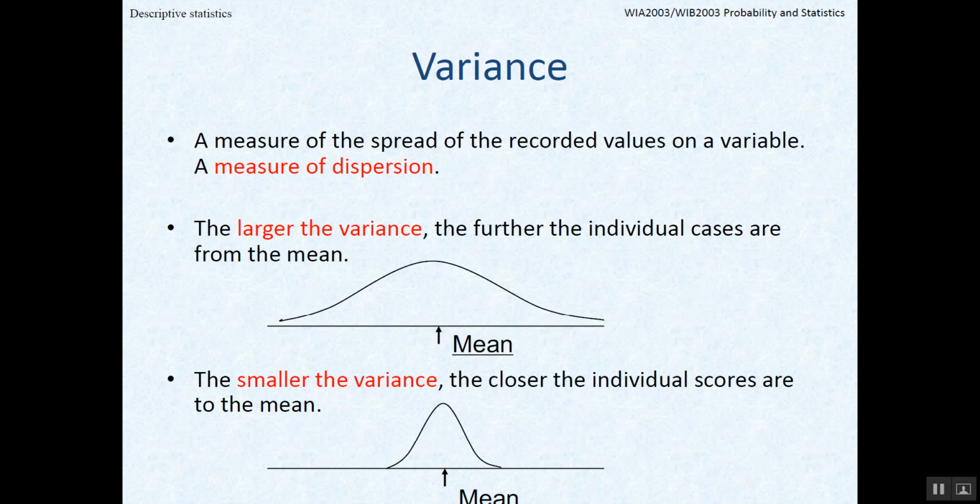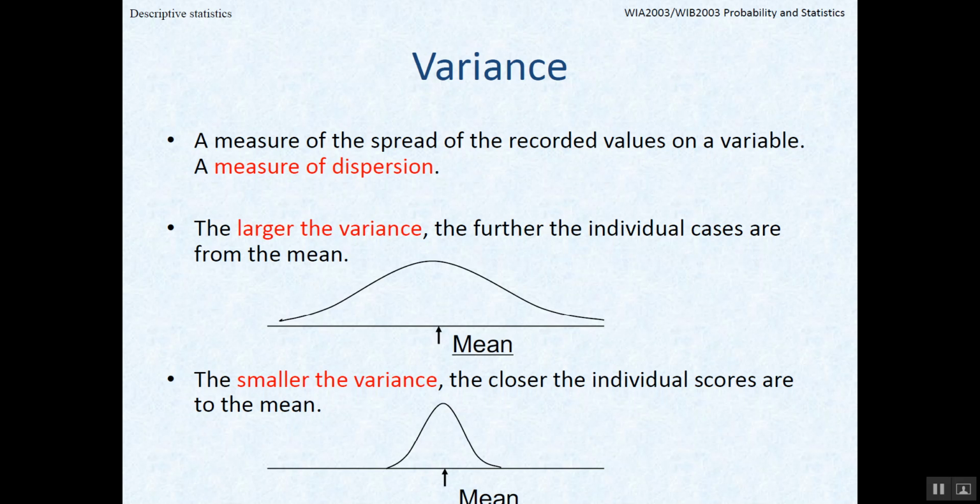The CGPA mean was 3.0, but if your variance is very high, most probably the majority of the students' CGPAs are very far from 3. Maybe they are 2.5, 2.0, or the extremes, 3.7, 3.8, 3.9, and they are not close together to the mean, right?